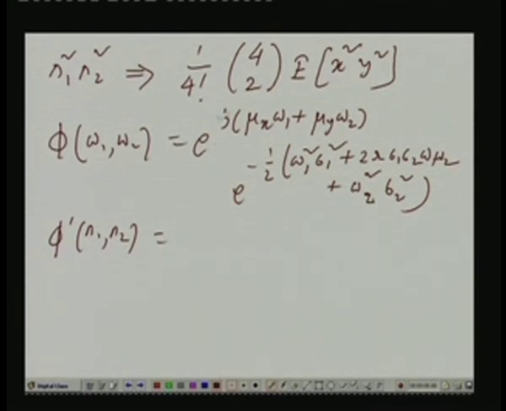So e to the power 0, this term goes, this is 1, and here we get e to the power, so j omega 1 is s 1. So s 1 square is minus omega 1 square.